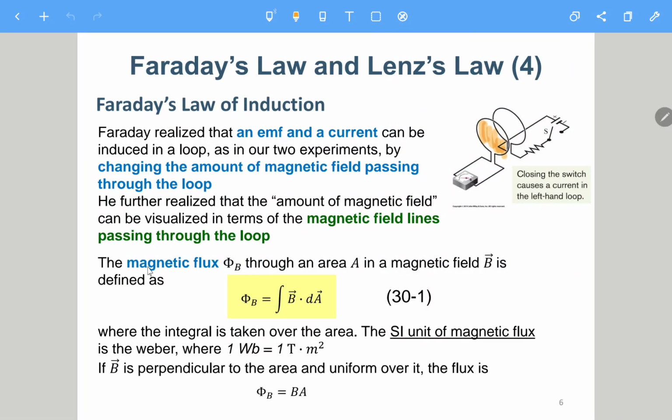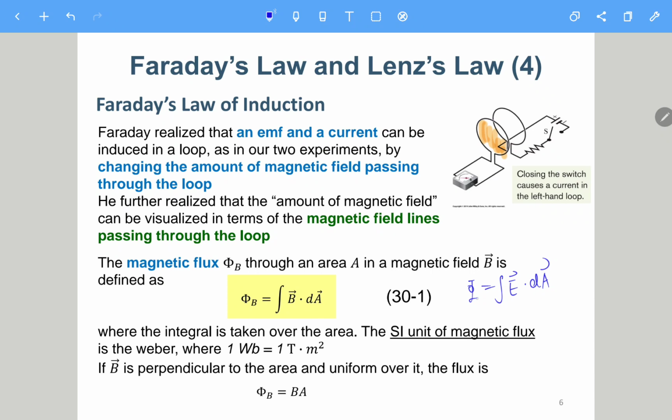So here it says the magnetic flux phi B through an area in a magnetic field B is defined as this one. Actually, we have already learned the electric flux in chapter 23 when we learned Gauss's law. So this is electric flux.